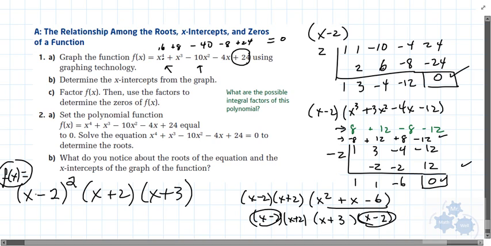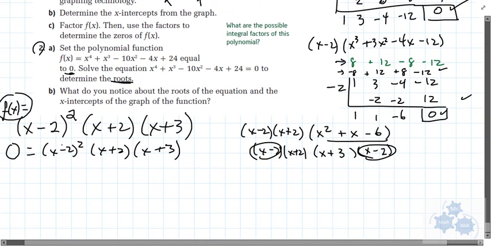Okay, the solutions like this. If you let this equal 0, and this is sort of what number 2 says here, and you solve, you would determine the roots of the equation. And if you let this happen, what you would use is something called the zero product principle. You remember that, right?